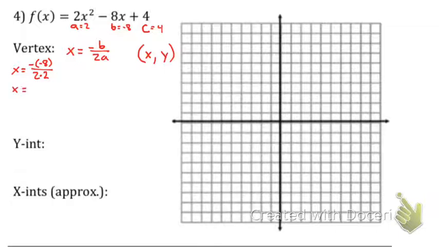X equals negative times -8, which is 8, over 2 times 2, which is 4. Now we have x equals 8 divided by 4, which is 2. So I can now find part of my vertex. My x value is 2.